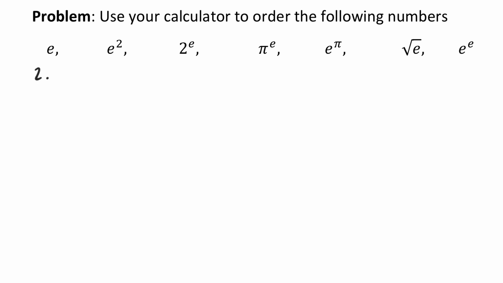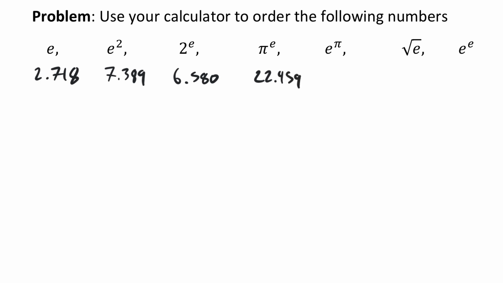So e is going to be approximately 2.718. E squared is 7.389. 2 to the power of e, that's kind of weird, 6.580. Pi to the power of e is 22.459.